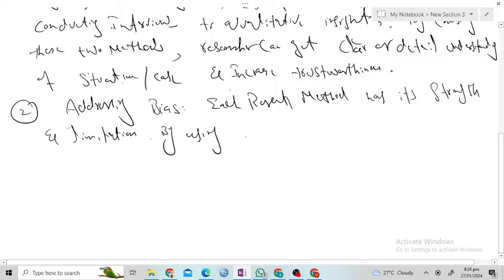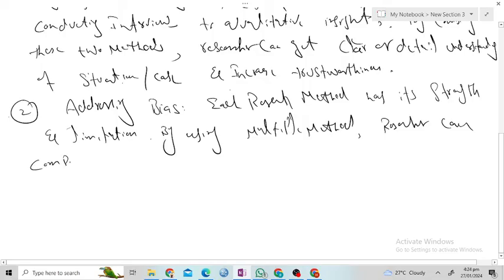By using multiple methods, the researcher can compensate for the limitations in any single approach.